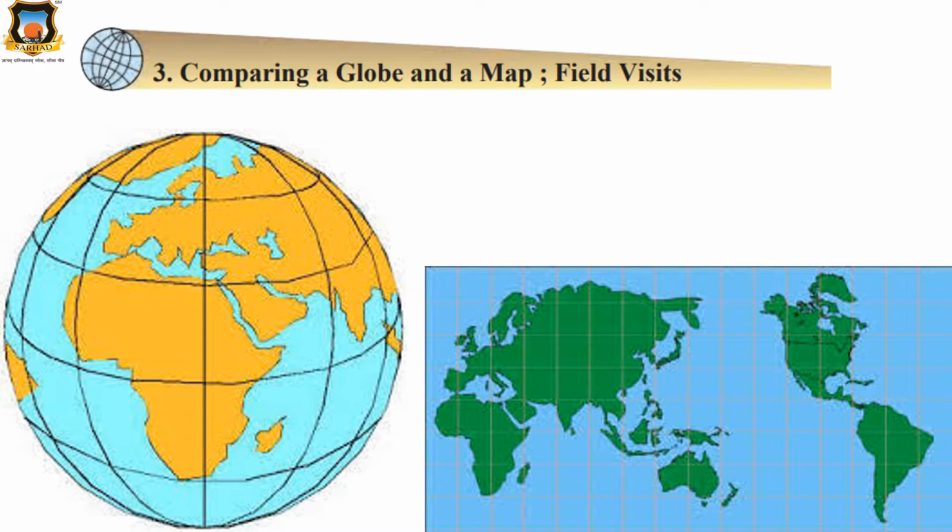What are the poles? Then the Tropic of Cancer, Tropic of Capricorn, Northern Hemisphere, Southern Hemisphere. This everything we have seen in the last two lessons. Am I right?